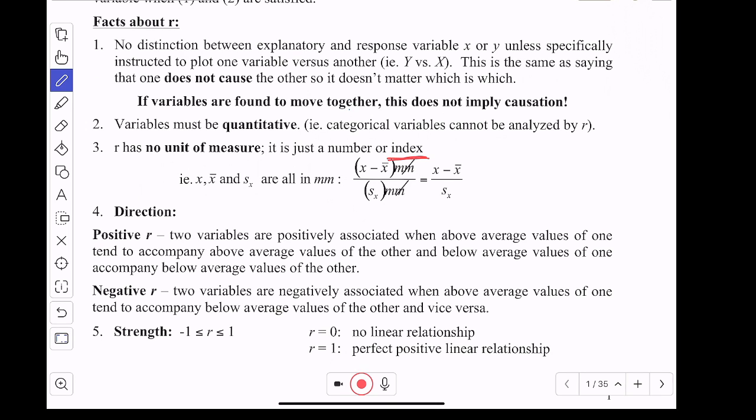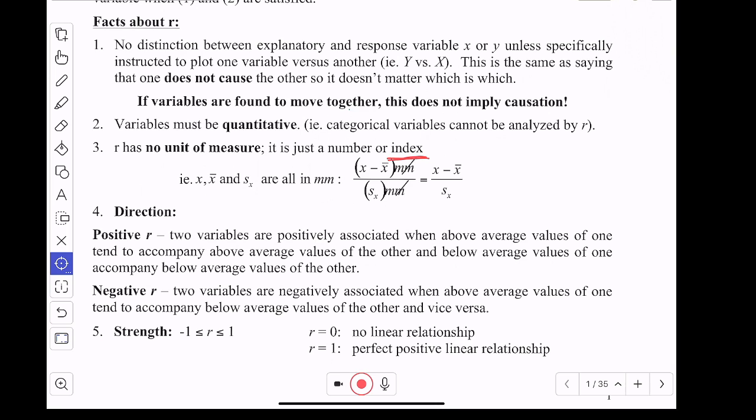Direction we've already talked about, just to summarize. You could have R as positive, where two variables are positively associated when above average values of one tend to accompany above average values of the other, and below average values of one accompany below average values of the other.